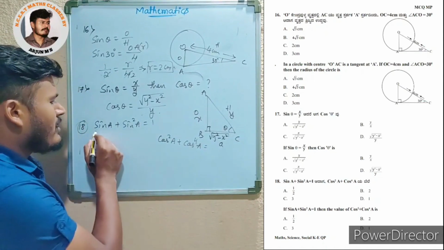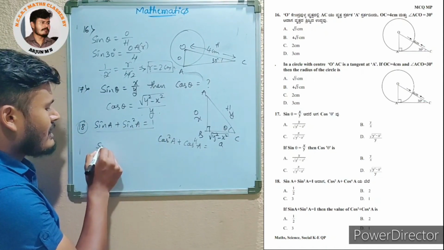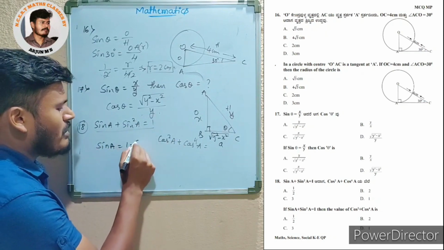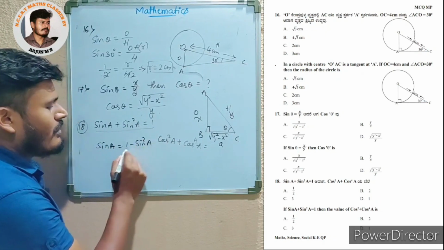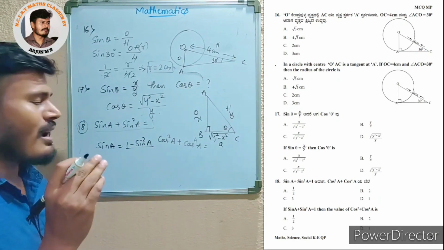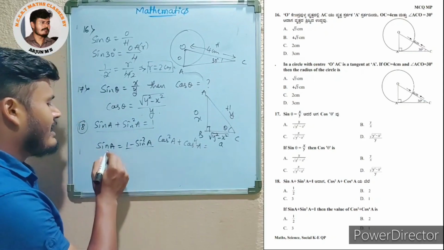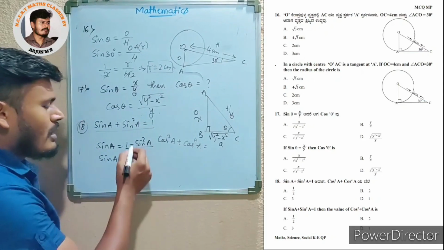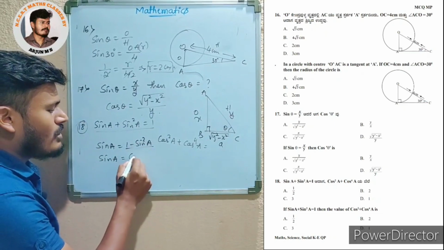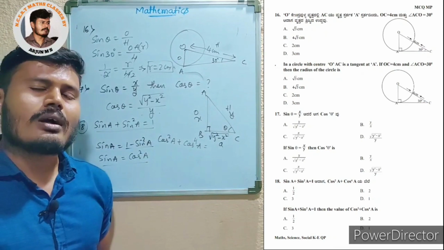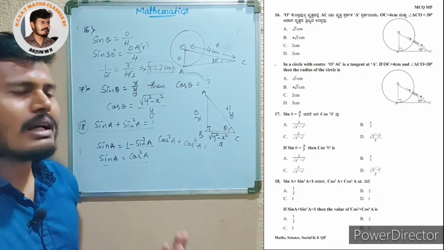We know, by observing the given condition, sin A is equal to, transposing sin square A to the RHS, 1 minus sin square A, right? We already know 1 minus sin square A from the first identity in trigonometry, which gives sin square plus cos square is equal to 1. So by that identity, 1 minus sin square A is equal to cos square A. That means sin A is equal to cos square A.